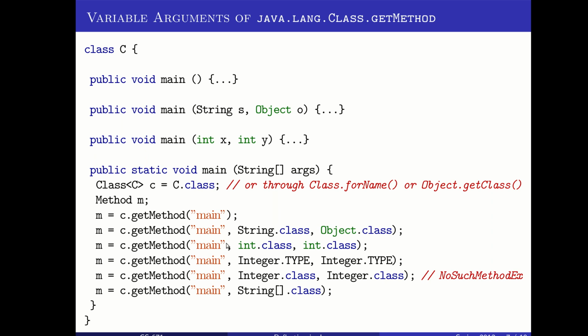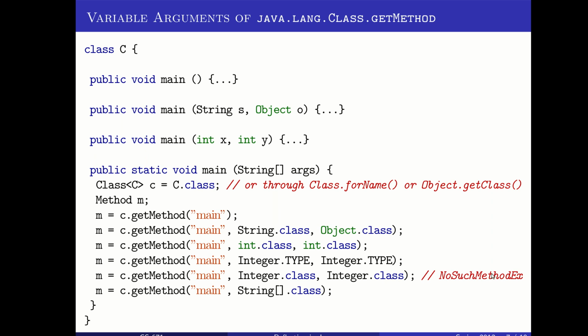And we can even do the primitive int.class or Integer.TYPE for the wrapper class. Integer.TYPE will return us the primitive type that the Integer class wraps. You cannot, however, use Integer.class because that's a different class than the primitive type int.class. It gets a little confusing, just like those wrapper classes can tend to be a little confusing.